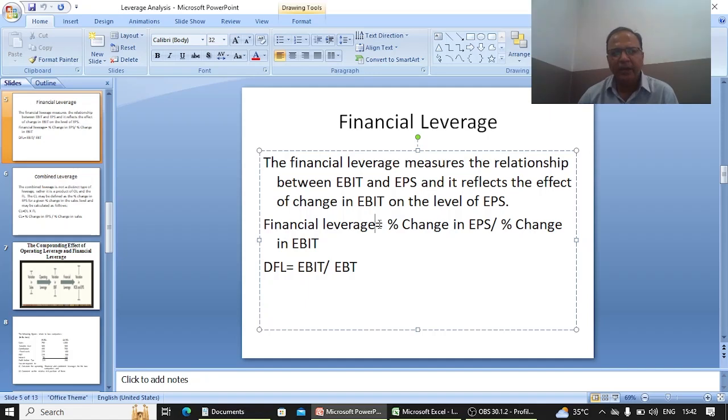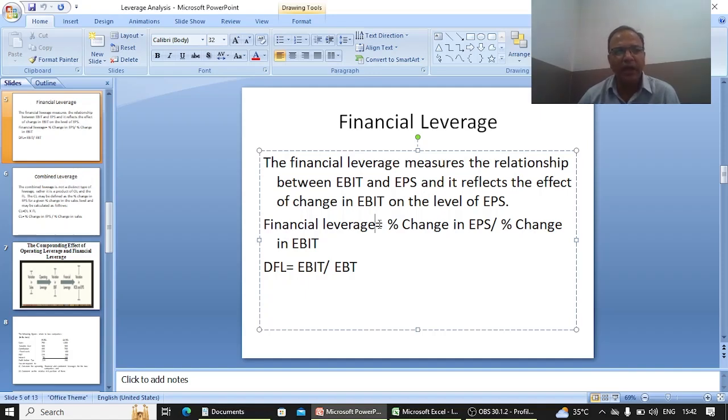So you can say by increasing the amount of financial leverage in the capital structure, the EPS of the firm may be increased up to a level. Theory says if you use more financial leverage, then the EPS of the firm will be more.